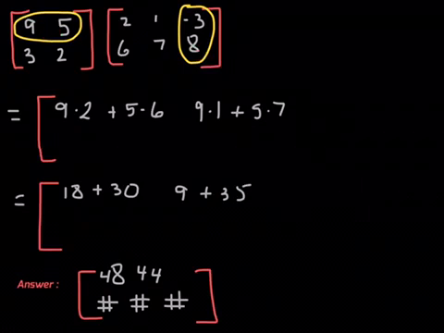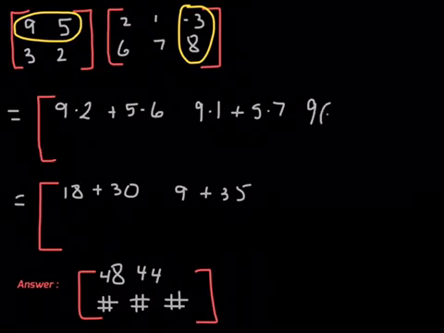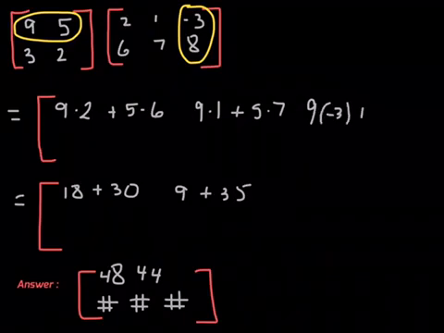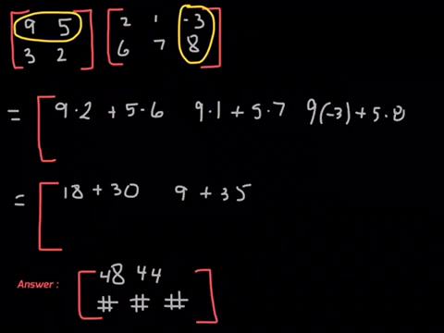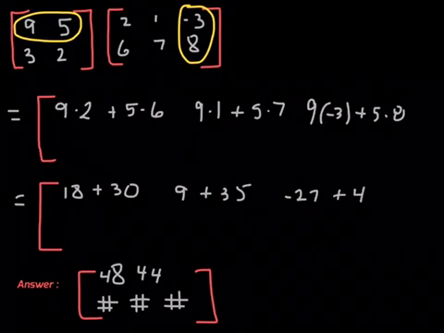9 times negative 3, let me use parentheses there, plus 5 times 8. 9 times negative 3 is negative 27, and 5 times 8 is 40.